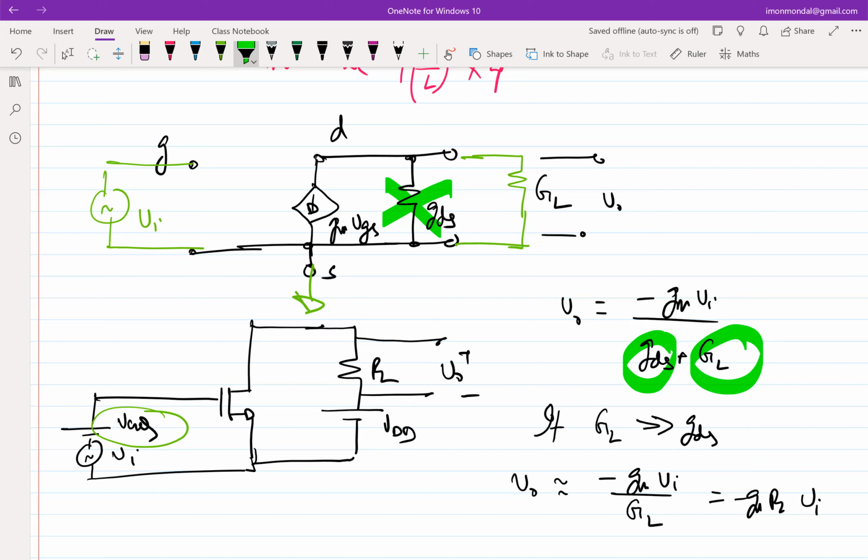So again, it's not about calculations, it's about thinking and making approximations. I keep saying that the difference between a not so good designer and a very good designer is how accurately you make approximations.